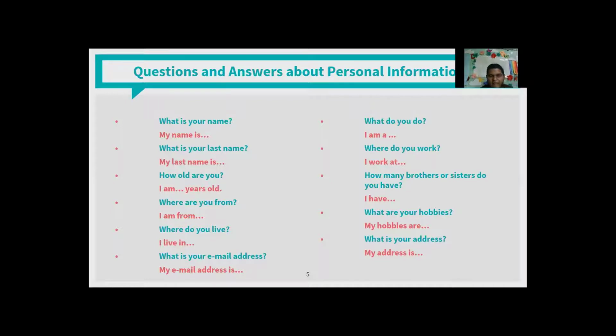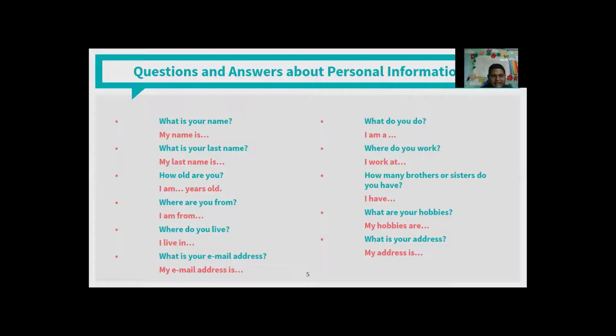My last name is, in my case, Ponce, or, since I have two last names, my last names are Ponce Aguilar. Another question is, how old are you? In my case, I am 21 years old. Another question, where are you from? I am from Nakaome.